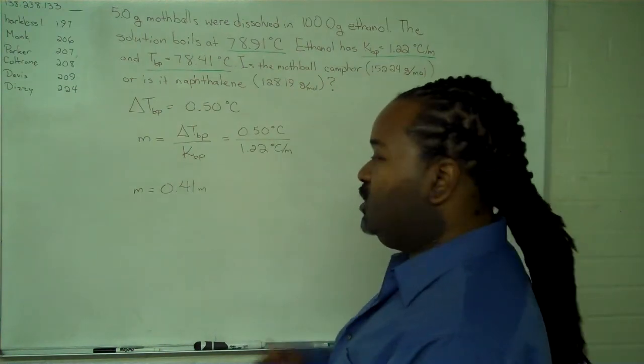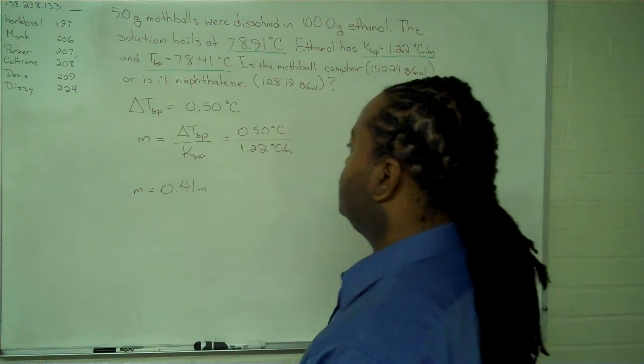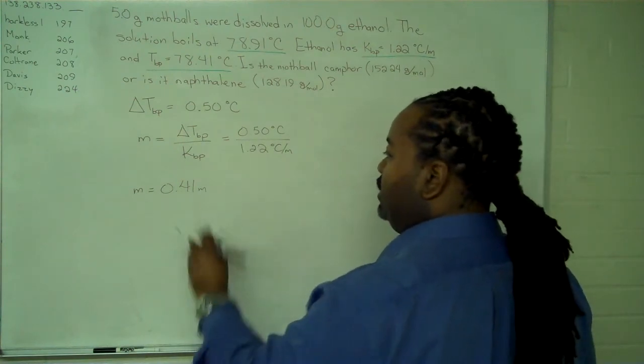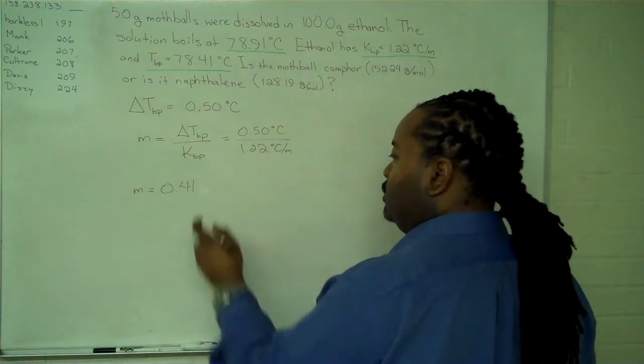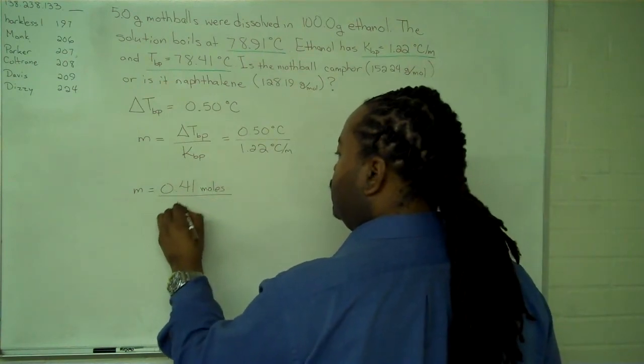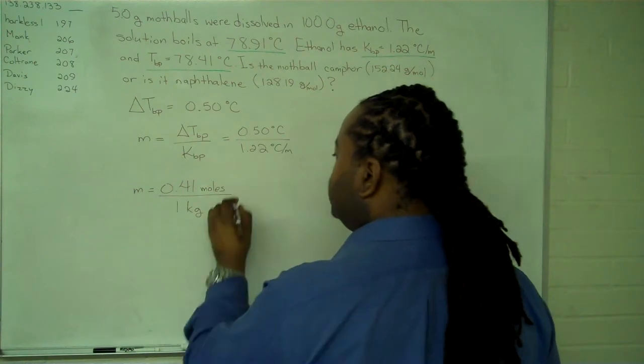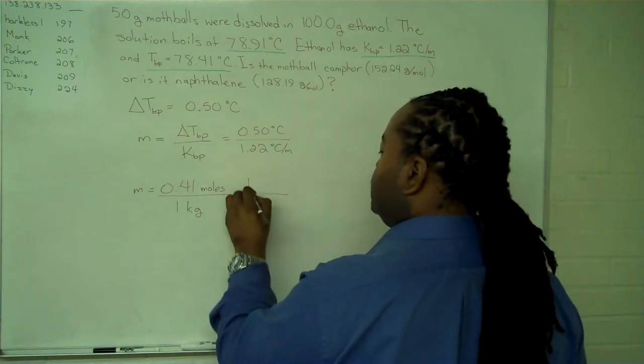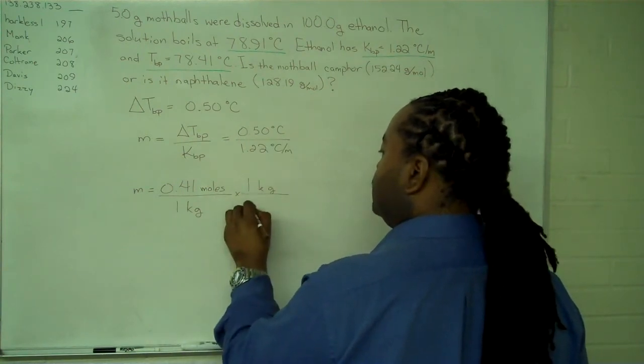So the next thing we can do then is convert this to moles. We know that the units for molality are moles per 1 kilogram. So we want to get rid of the kilograms.